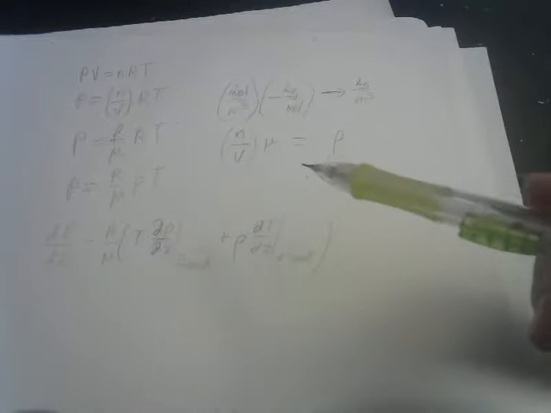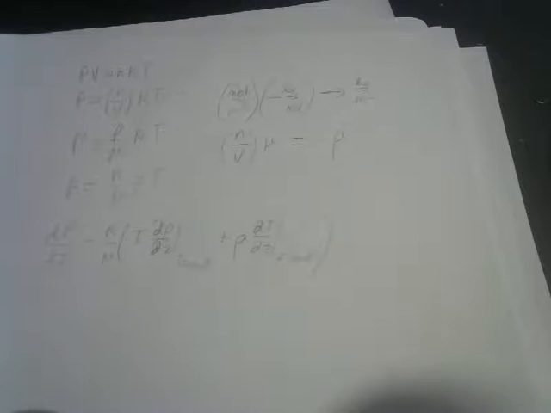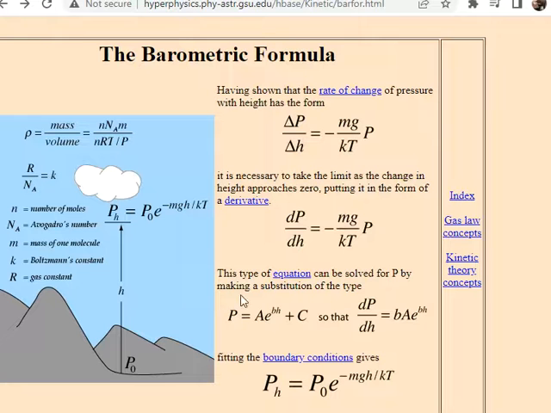Okay, so the thing that I was just looking at calculates dp dz. Actually, it calculates del p del z, where temperature is assumed to be a constant.